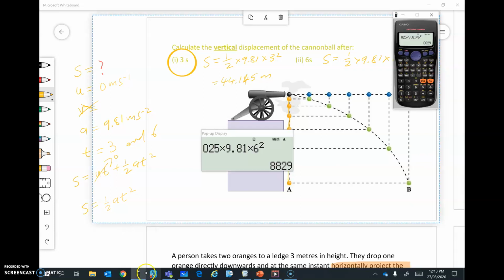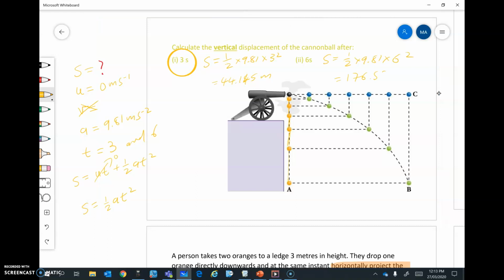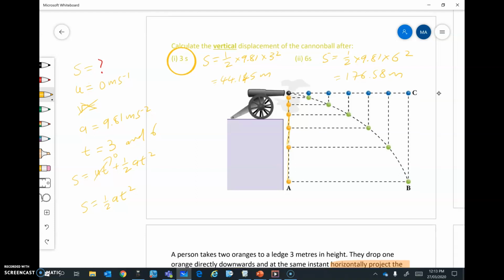Sorry, try that again. 0.5 times 9.81 times 6 squared gives 176.58. Okay, so those are the two displacements for that one.